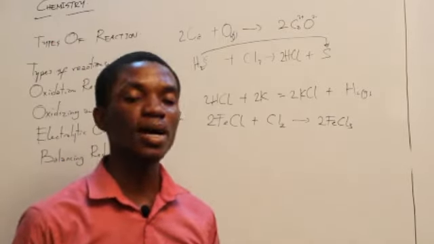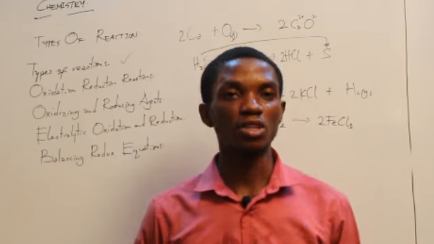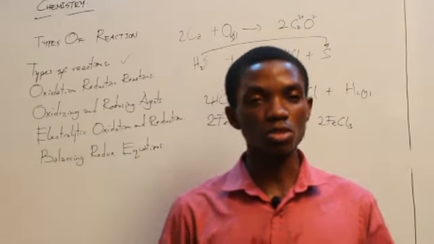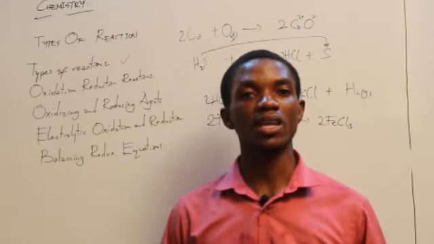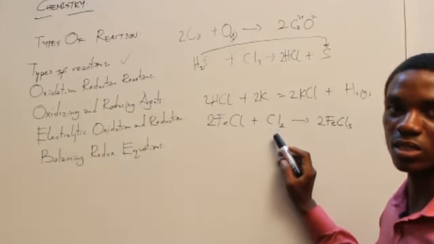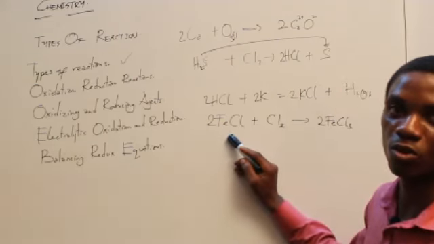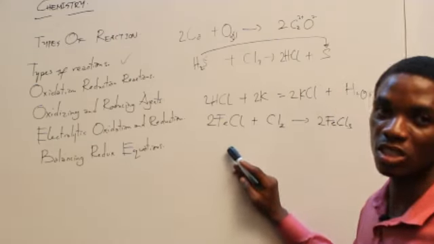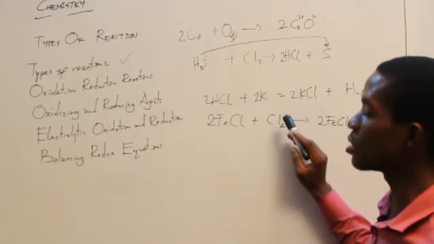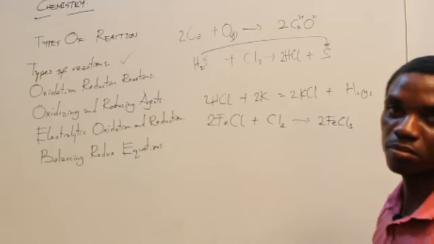We see one of them accepting electrons, we see the other one giving away electrons. The oxidizing agent comes to take away electrons, just like this chlorine is doing here. This chlorine here is an oxidizing agent, while this iron chloride is a reducing agent, because it is the one giving away the electron to this particular chlorine.